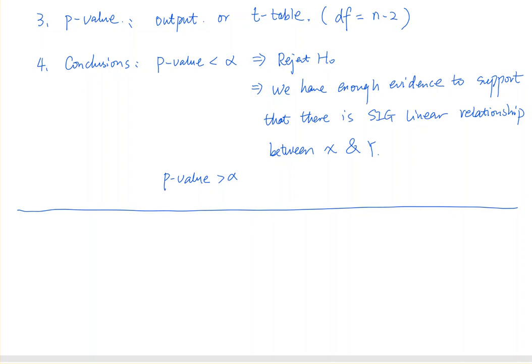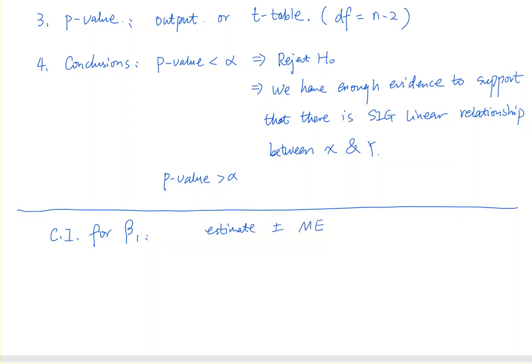And since we are testing about beta 1, we also get the confidence interval for beta 1. For the confidence interval for beta 1, we also have this format, right?